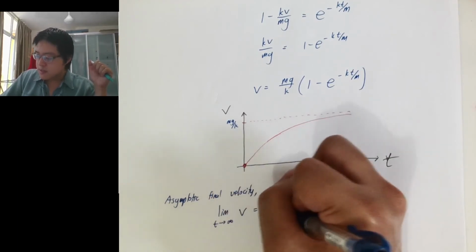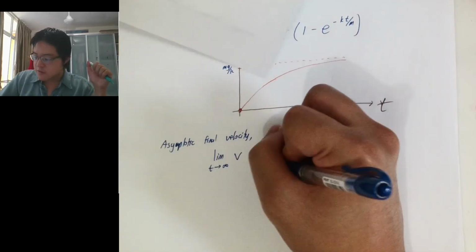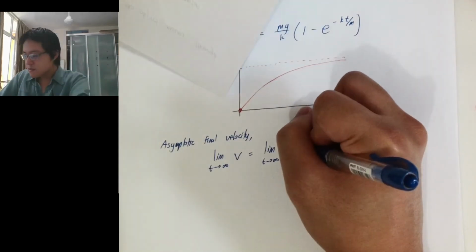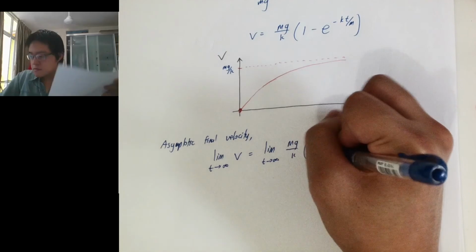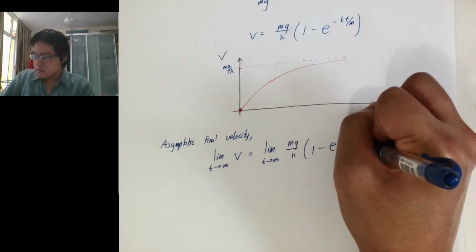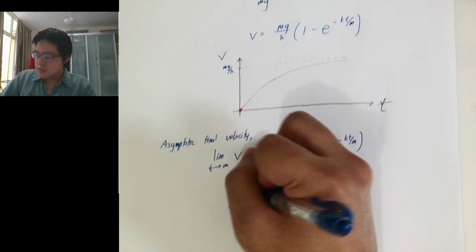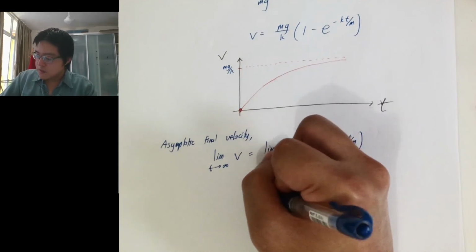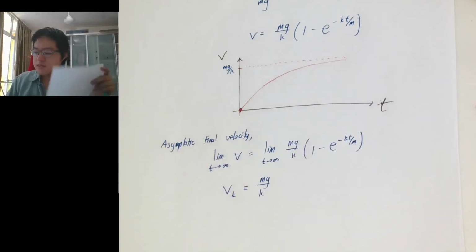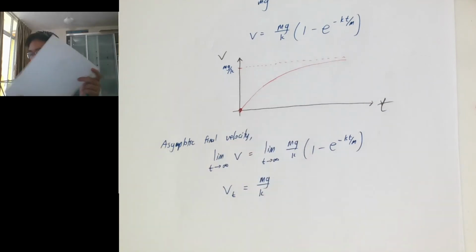So it's basically taking the limit of t going to infinity of this formula. And the answer is mg over k. So we call this the terminal velocity.